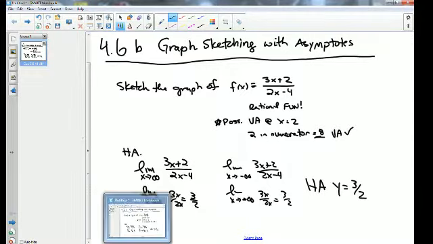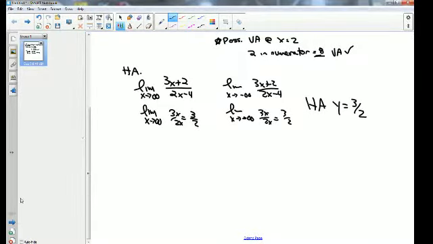Yes, Kyra? So, this is going to sound totally dumb. Probably not, but okay, I'll listen. Well, they could be different and you'd have two asymptotes. They don't have to match. If they do not match, you get two asymptotes.